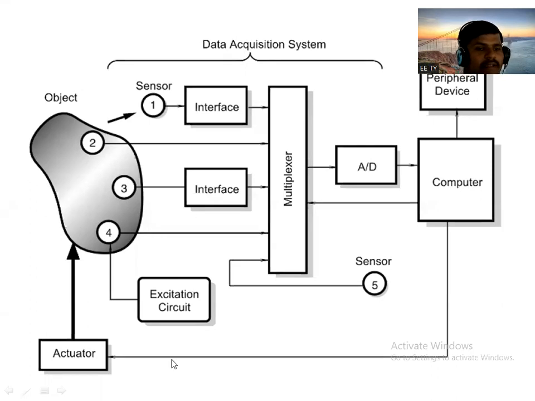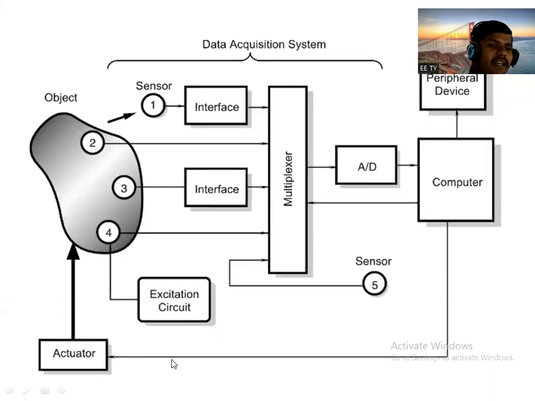Now some sensors can be used on the object or inserted in the object. So sensors 2, 3 and 4 are inserted on the object. They will sense the property, condition or state of that object, and the output will be provided to the multiplexer.